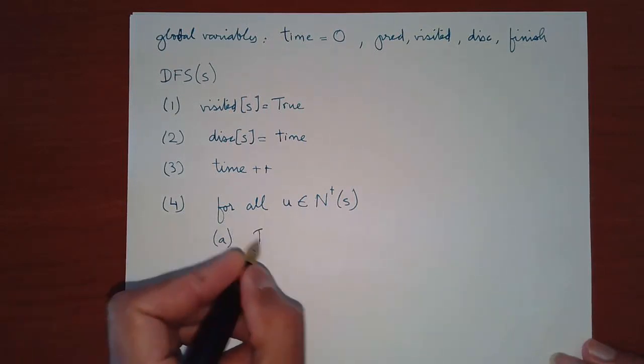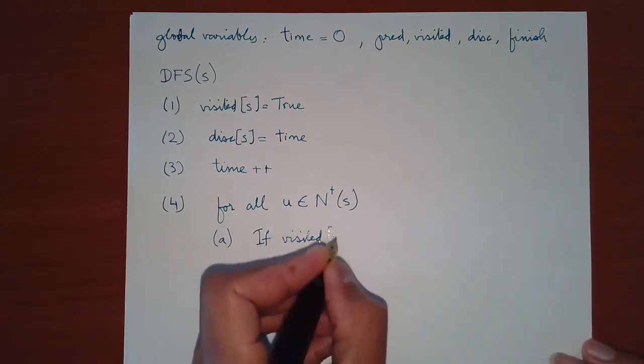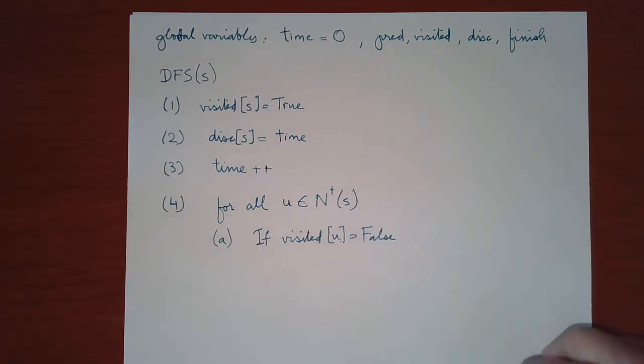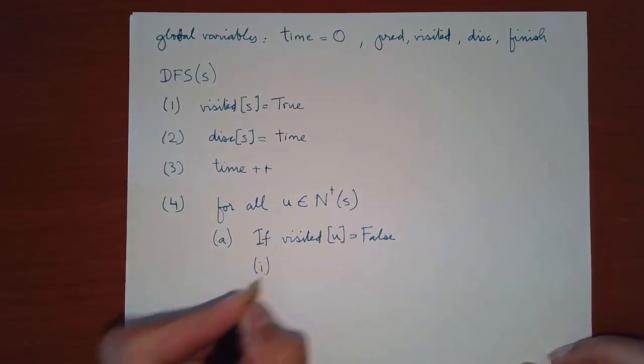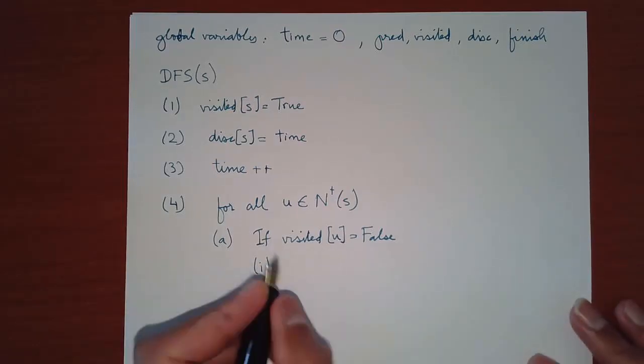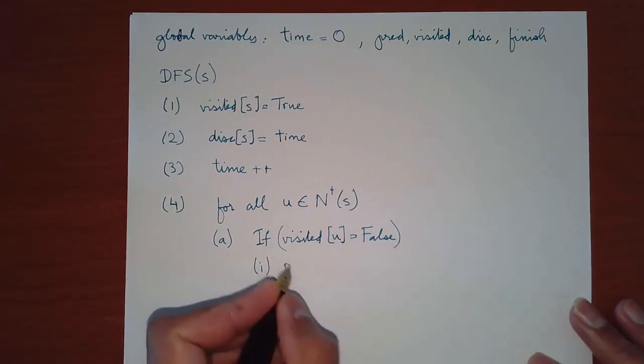I'm going to say if visited of U is false, then I'm going to, first I set the predecessor.